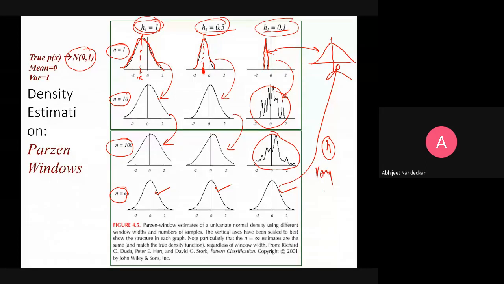Choosing proper value of h. In case of window based methods, choosing a width of window is very important. And second thing is, you should have number of samples as large as possible to have very good estimation. In case of Parzen window, you should have large number of samples to have better estimation.